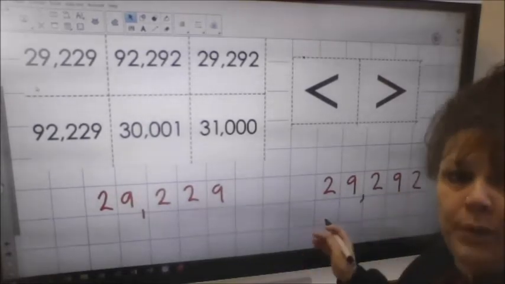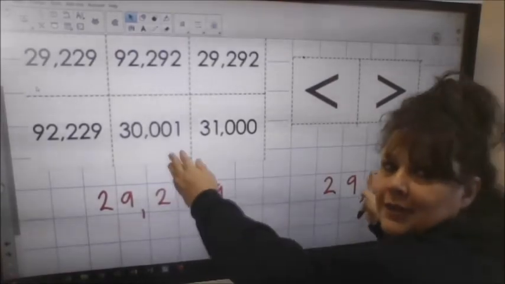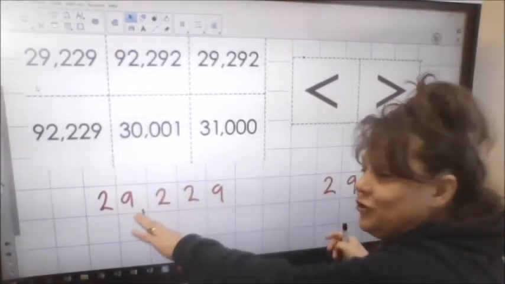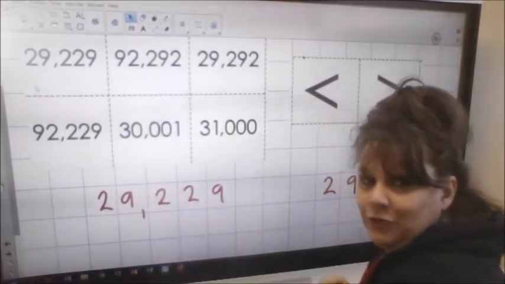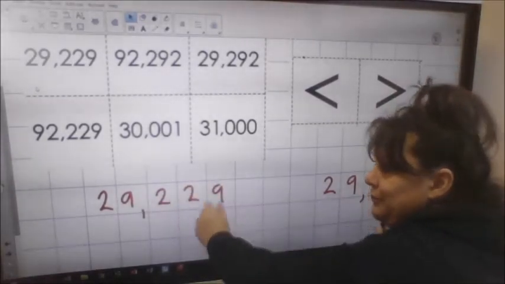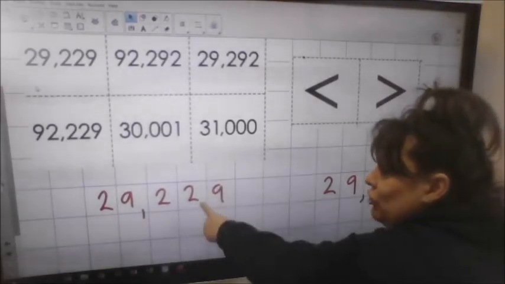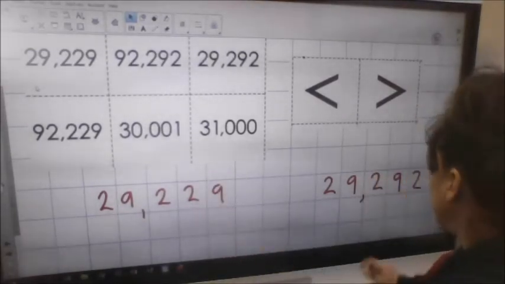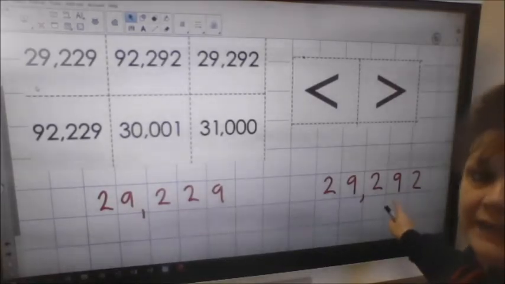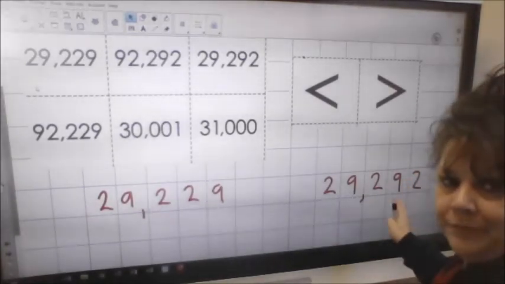So if I look at both numbers, they've both got 20,000. They've both got an extra 9,000, and they've both got 29,000. This one's got 200, so's that one. This one's got 2 tens, and this one has got 9 tens. So this is the larger number.